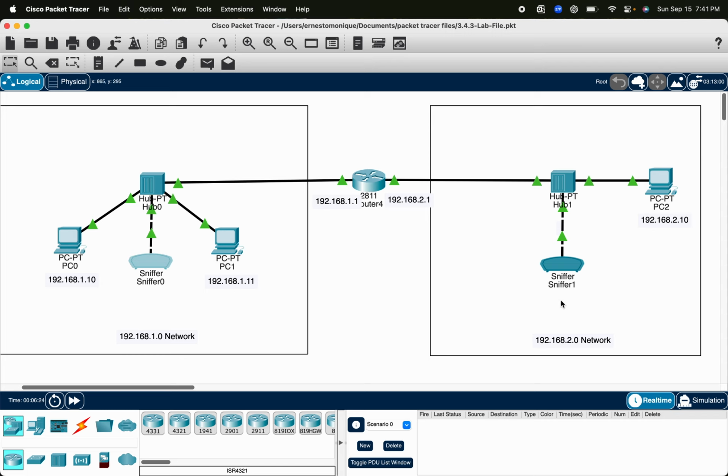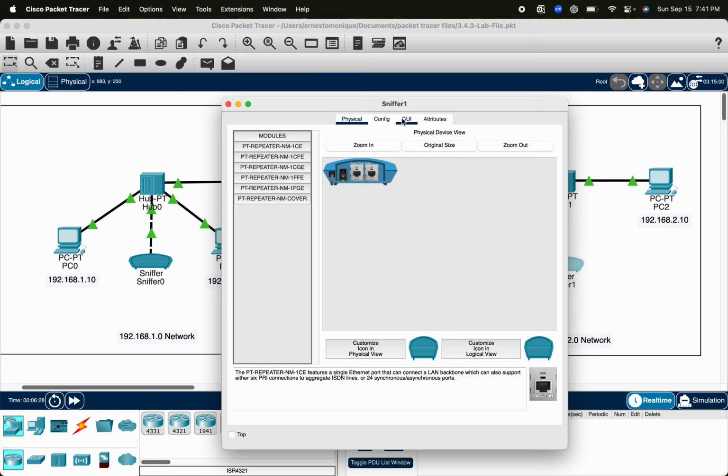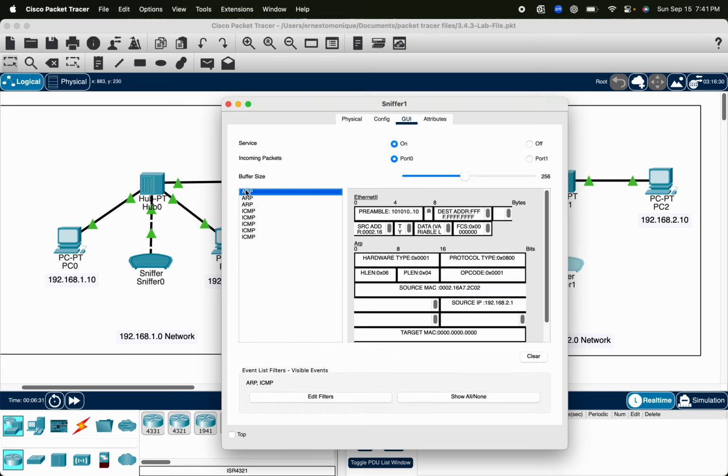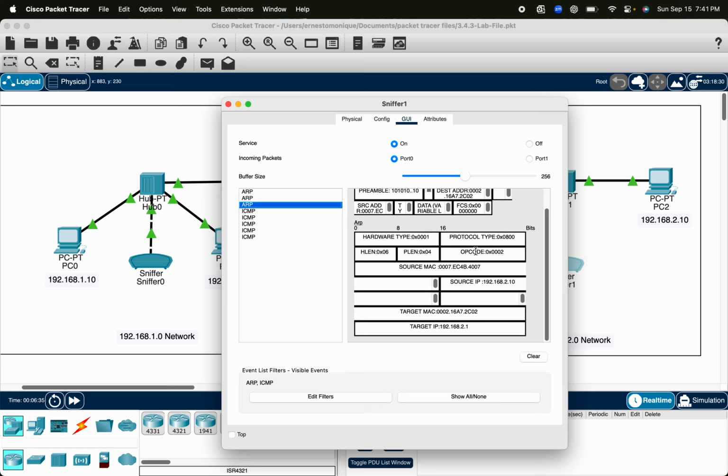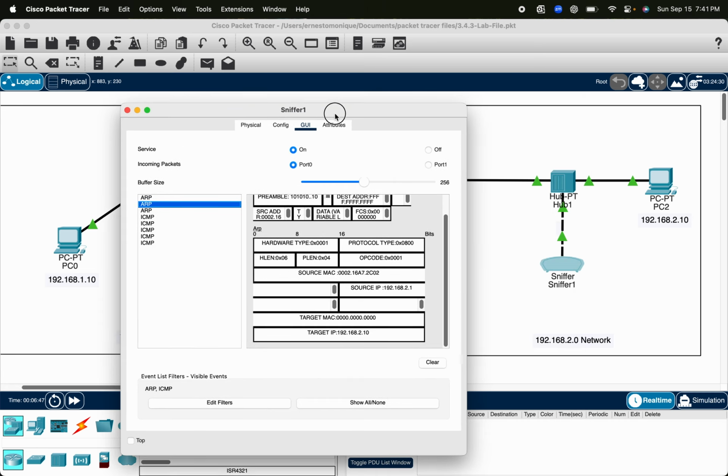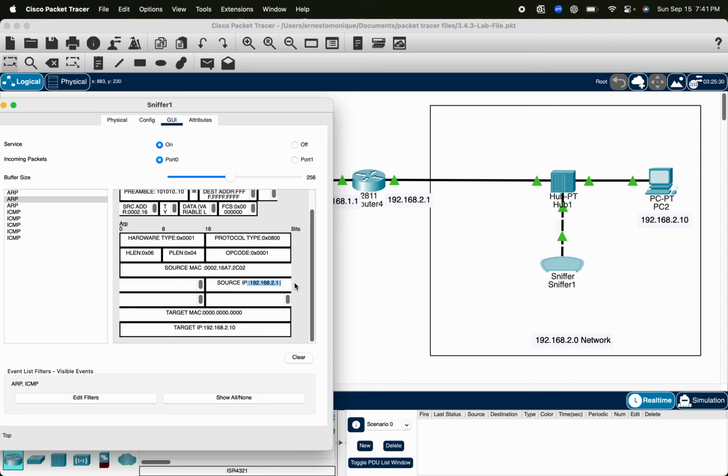All right, let's take a look at the sniffer we have in our network number one. We go to GUI, and then you can see that we have the ARP signals, right? So basically, the IP from the router, which is this one, is trying to connect with the target IP, which is this one right here.